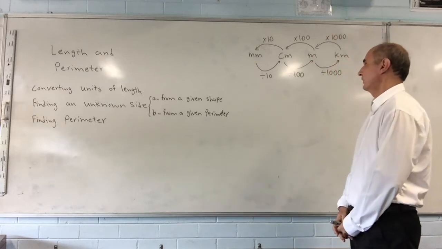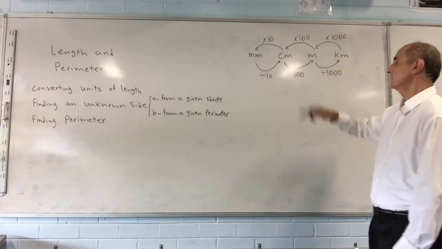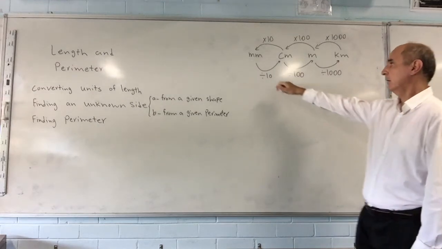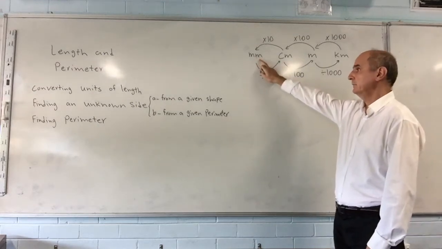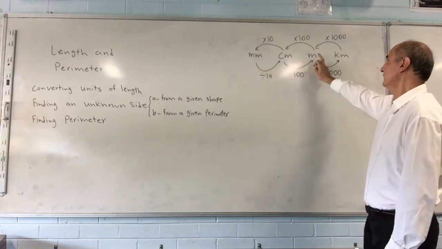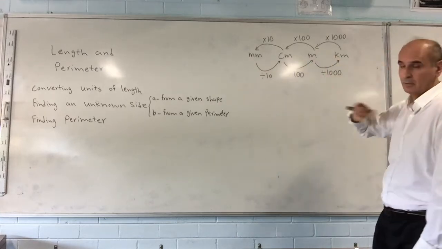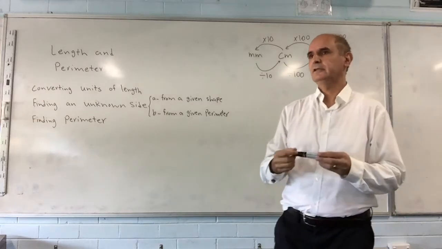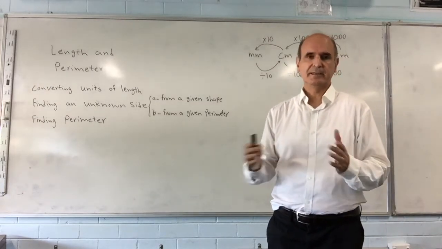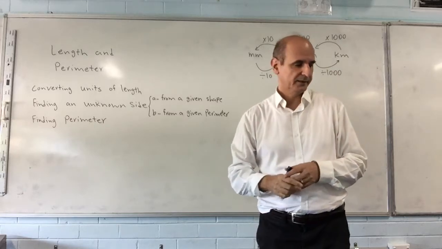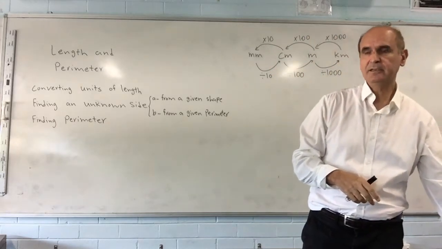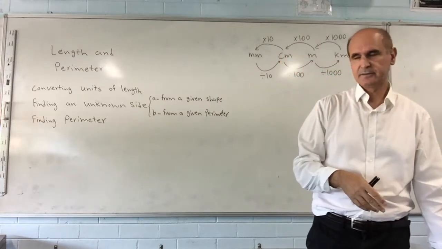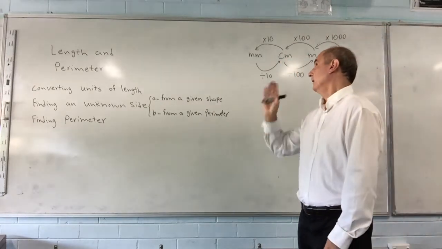Let's start with conversion of units. The units that we use in the metric system for lengths are millimeter, centimeter, meter, and kilometer. You already know that the same length expressed in millimeters is a larger number than expressed in centimeters.